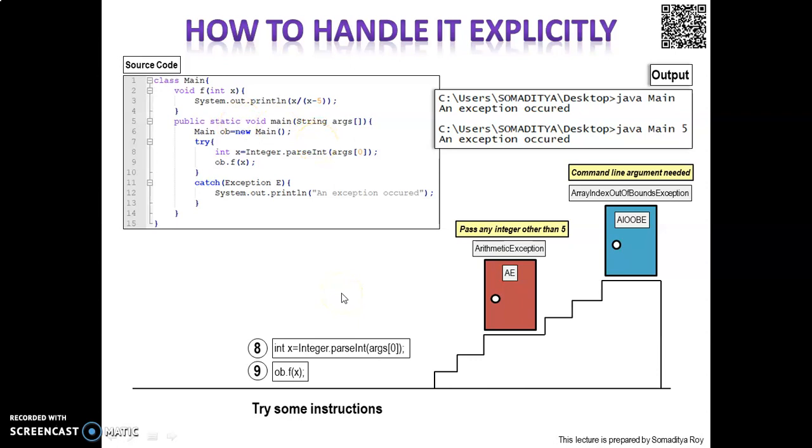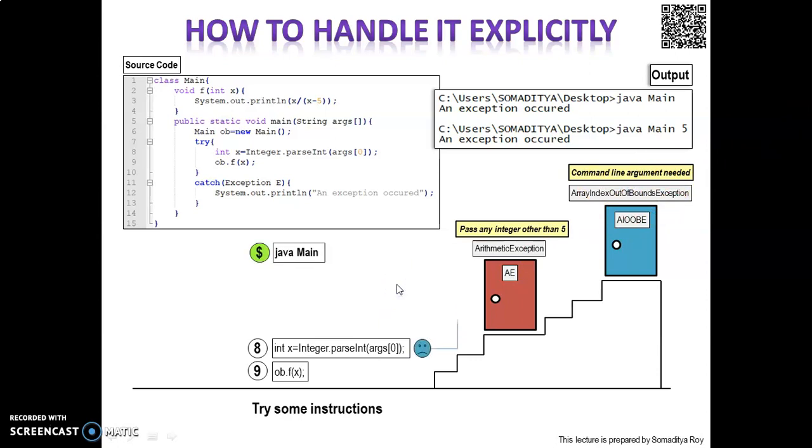Now it's more like taking stairs. Suppose there are two rooms on the stairs, where you will find that behind one door the arithmetic exception can be handled, and it will say press any integer other than 5, and behind another door an array index out of bound exception can be handled and it will say command line argument needed.